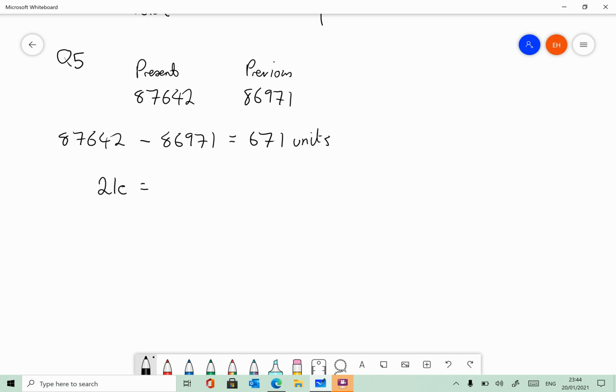So 21 cents, that's equal to 0.21 euro. So we have 671 times 0.21, and that gives me 140.91 euro.